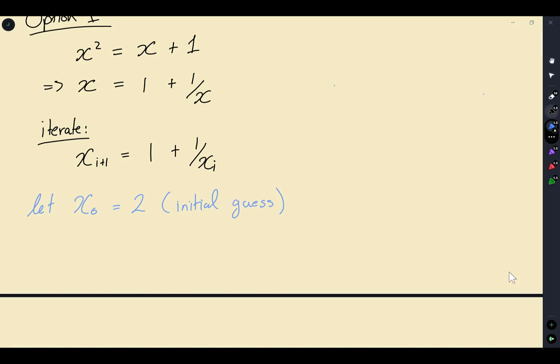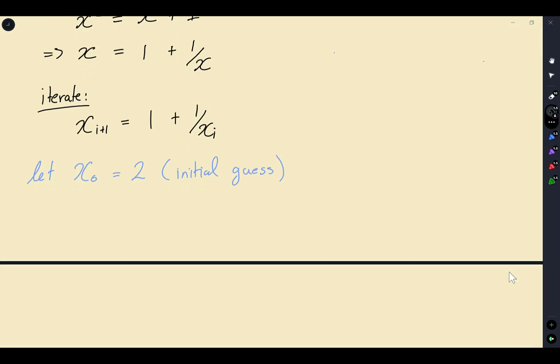All right, so that's x naught. If we're doing an iteration, in the first iteration we're looking at x naught plus 1. So x1 equals 1 plus 1 over x i, or sorry, x naught in this case.